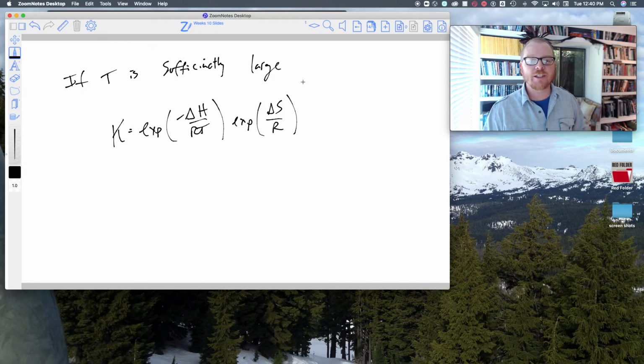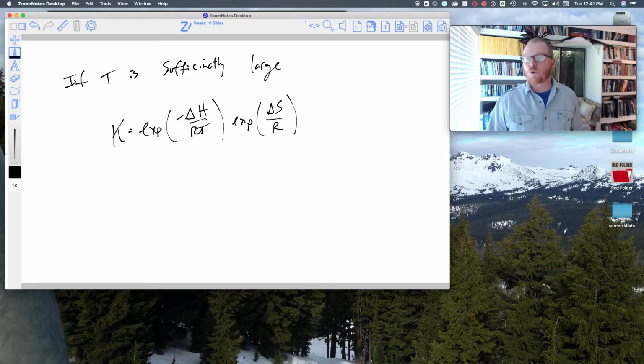If T is sufficiently large, then what that means is this term will be small. So even though it might be endothermic, which might favor reactants, if T is sufficiently large, there's enough thermal energy to still drive that reaction spontaneously on to products, okay?